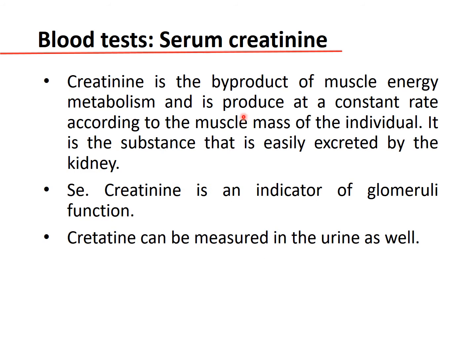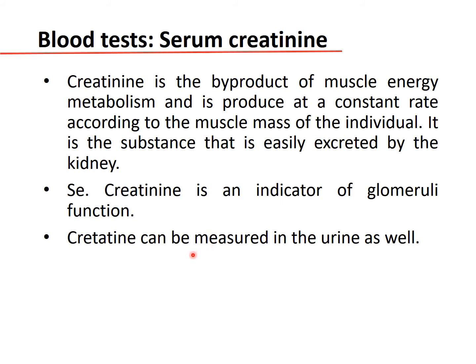Serum creatinine level. Creatinine is the product of muscle energy metabolism and is produced at a constant rate according to the muscle mass of the individual. It is a substance that is easily excreted by the kidney. The serum creatinine is a very good indicator of glomerular function.